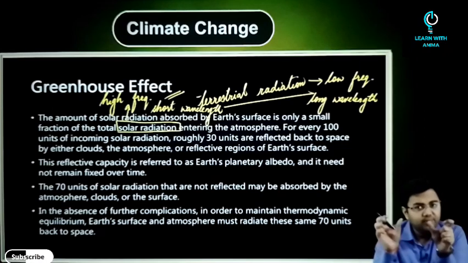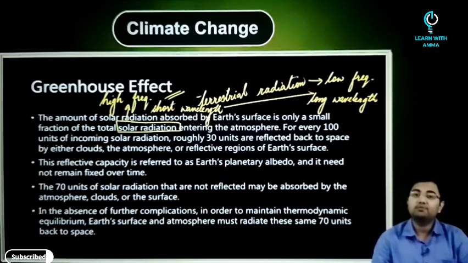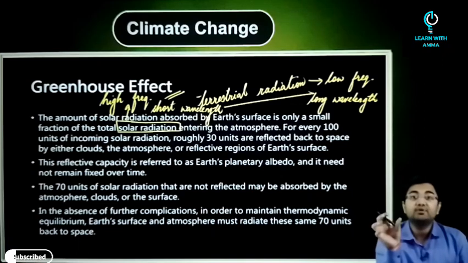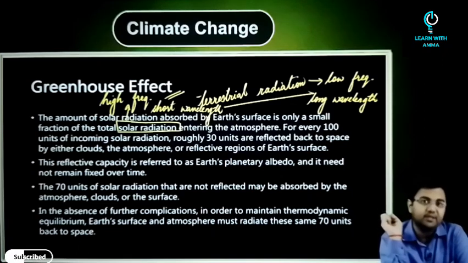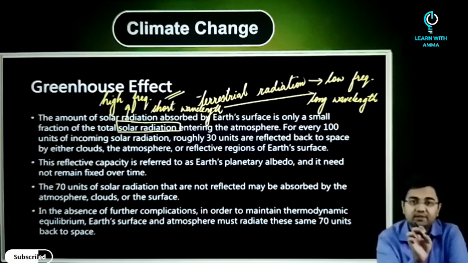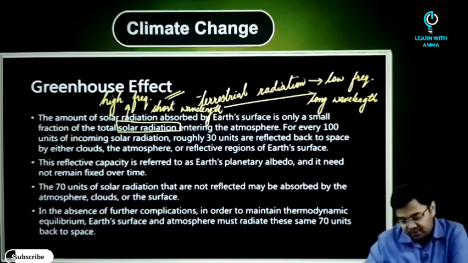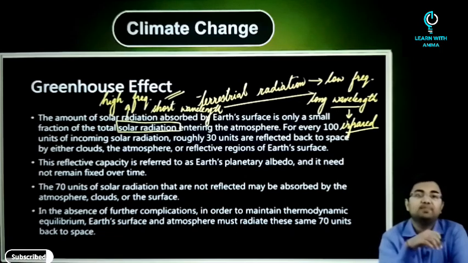When we say short wavelength, we normally mean the part of the spectrum nearer to the visible portion of the electromagnetic spectrum. And the long wavelength, the terrestrial radiation, is near the infrared region of the spectrum.